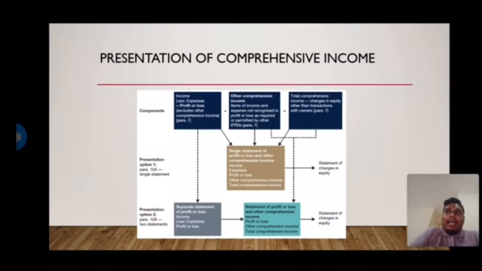IAS 1 allows an entity to use other titles for the statements. For example, the statement of profit or loss can instead have the title income statement. Similarly, an entity can use the term net income to describe the profit or loss.